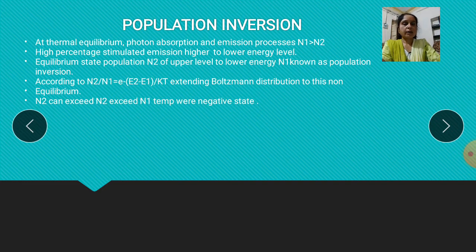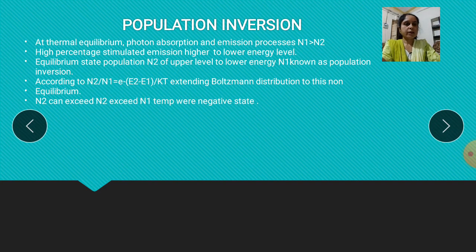So the population of the lower energy level is greater than the population of the upper energy state at equilibrium. The energy of the excited state is greater than the energy of the ground state.